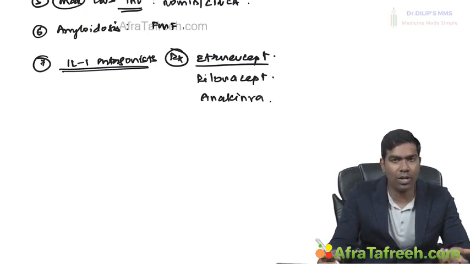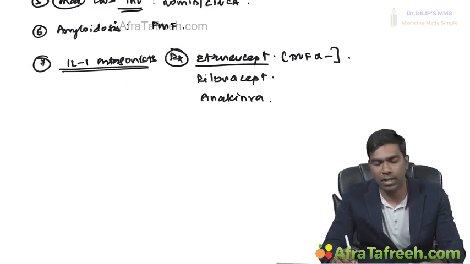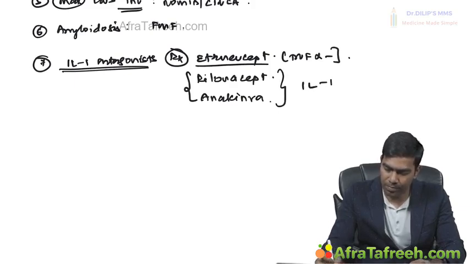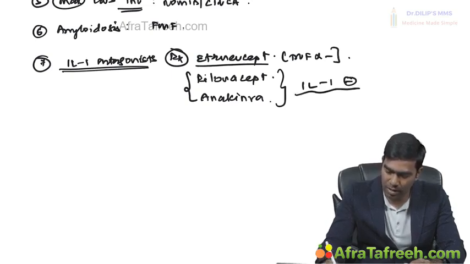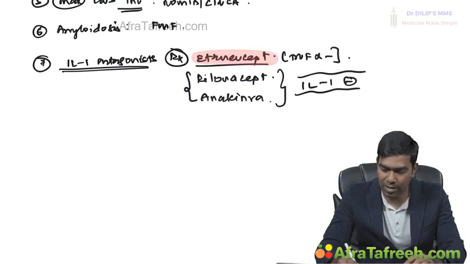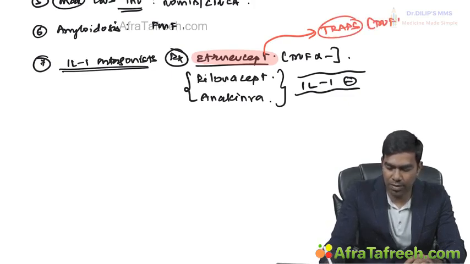Sorry for that. Etanercept is a TNF alpha antagonist, but still it works. But these are typical IL-1 antagonists, anakinra and rilonacept, definite IL-1 antagonists, because etanercept usually works for one thing, that is for TRAPS, because TRAPS is a TNF receptor 1 defect.